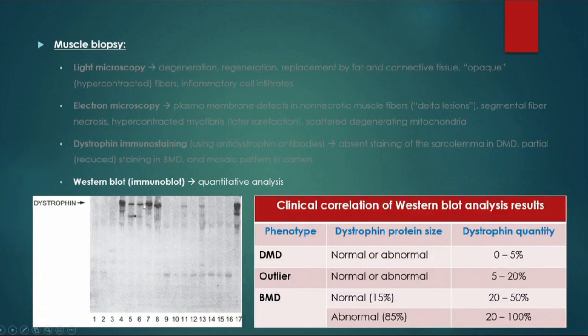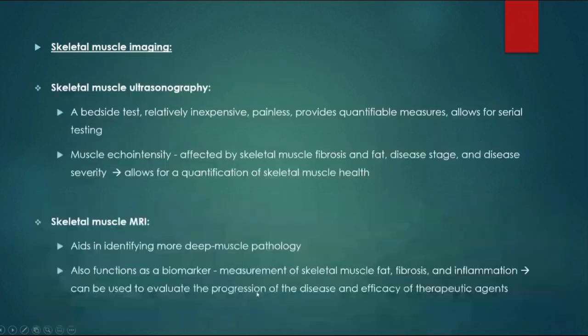And compared to that, it is reduced in these patients, suggesting it's Becker. And this is significantly reduced but not absent in patient number 11 and 13, so that is an outlier. Okay. Now, skeletal muscle imaging is increasingly used nowadays with ultrasonography and MRI, and they can be used to monitor the disease progression as well as the treatment response.